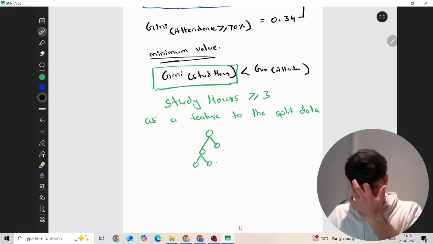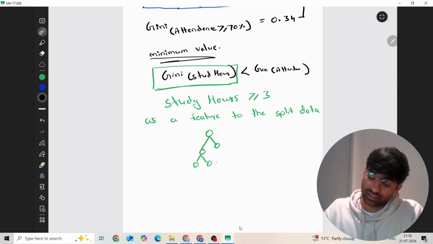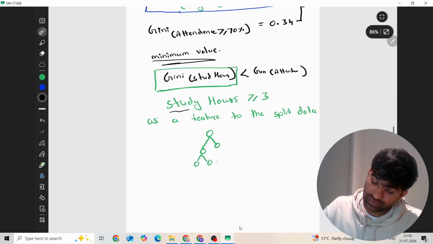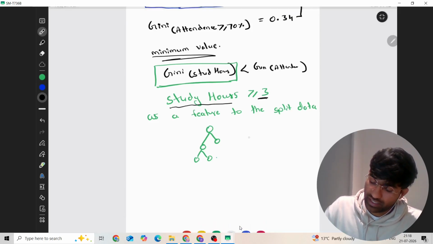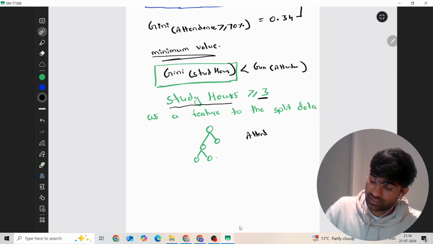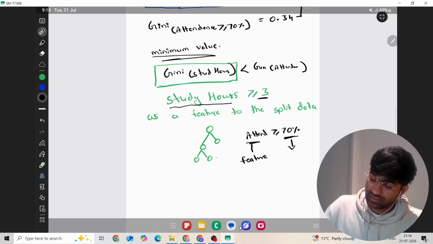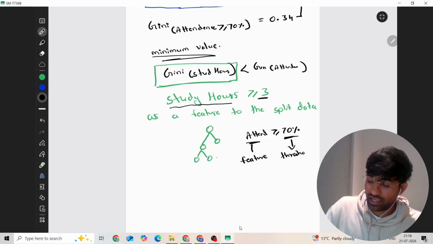Okay. And you have to notice one point here. I have randomly chosen study hours greater than 3 and attendance greater than or equal to 70%. This is the feature and this is the threshold which I have chosen.